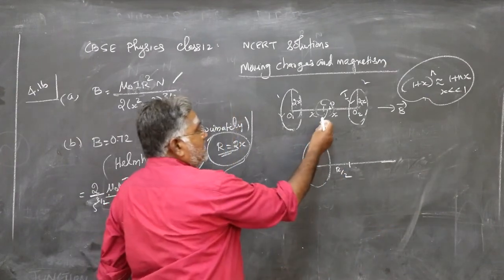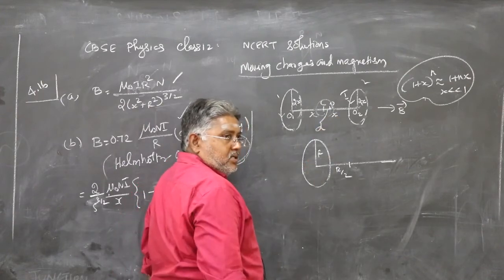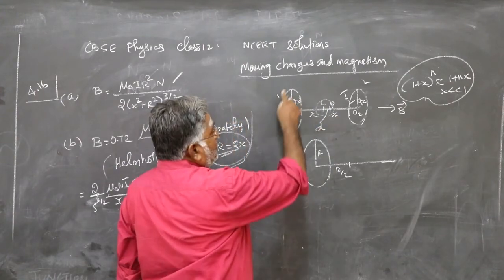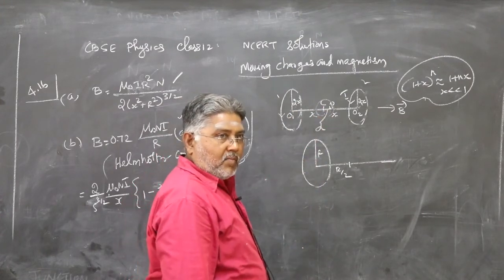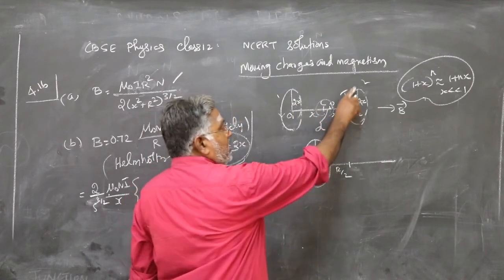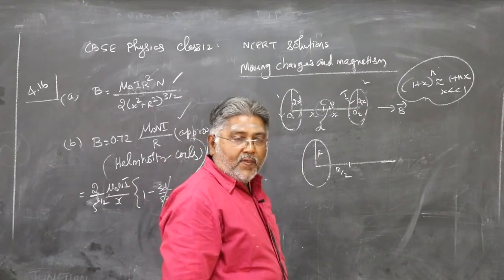So what will happen from the center when you move to the right side, the magnetic field due to this coil will decrease at some rate with respect to distance. At the same time, magnetic field due to this coil will increase at the same rate with respect to distance.